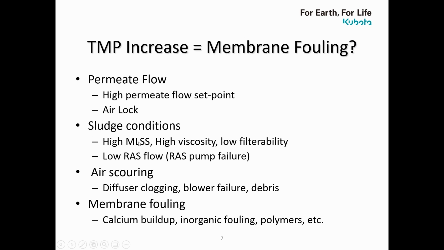Higher mixed liquor means higher viscosity, more like a chocolate, and that could cause a higher TMP as well. Low filterability could also cause higher TMP. Sometimes the return rate could be lower than it should be, and it could cause high mixed liquor, eventually high viscosity, and eventually a higher TMP.